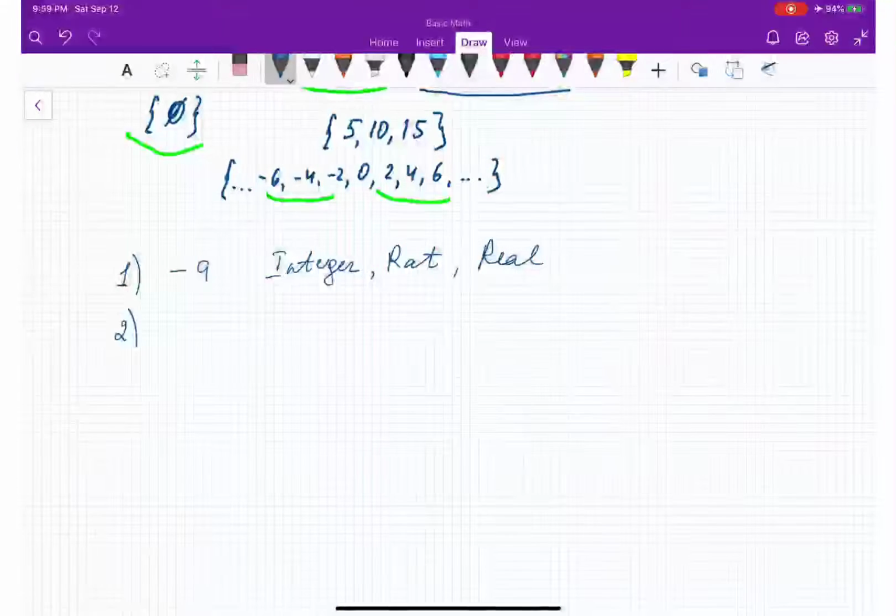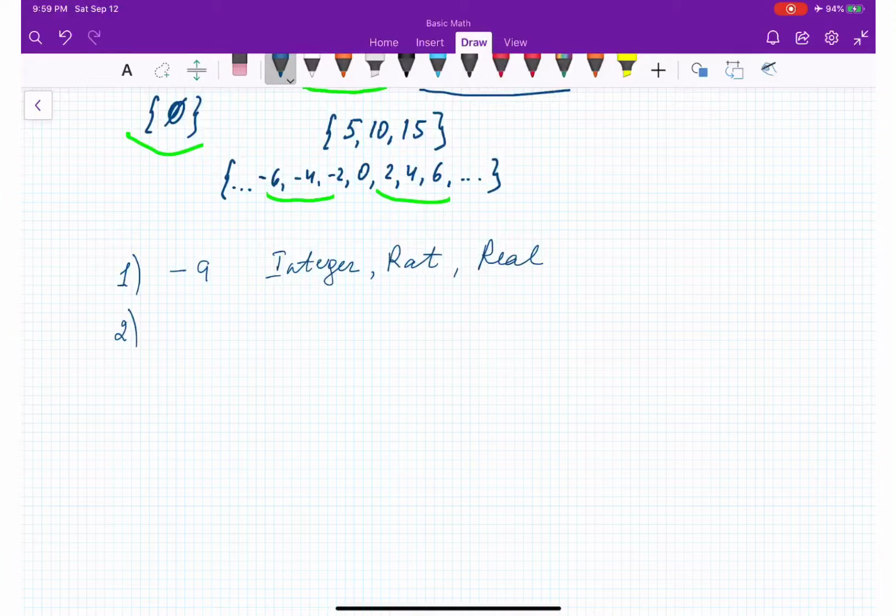Question number 2. Next, let's try pi. What is pi? Is it an integer? No. Is it a rational number? No. Is it an irrational number? Yes. Why is it not an integer?